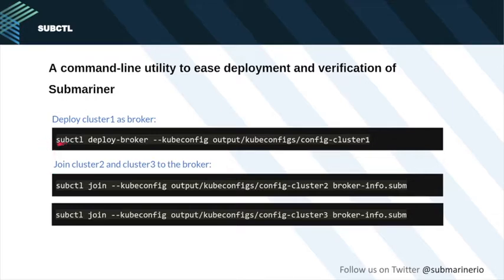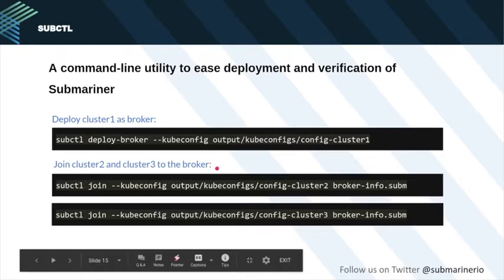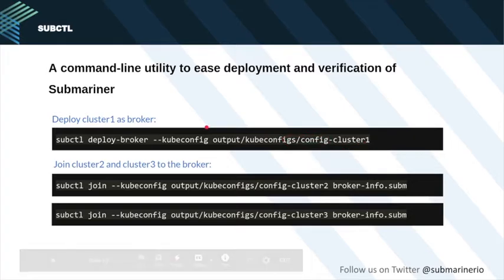The first line creates a broker in, in this case, cluster 1. This broker is nothing more than a namespace living on cluster 1, a namespace and a set of custom resources that the other clusters will use. Also, it has the credentials for the clusters that we will connect later. So they will be using the API of this cluster.